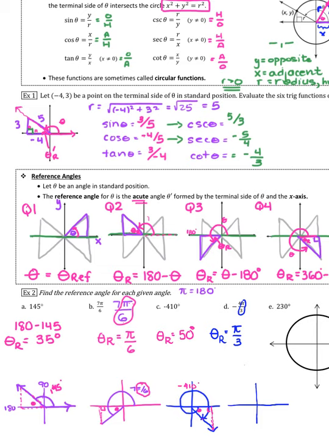So pi over 3, remember 180 over 3 is 60. 60 times 4 is 240. So that means that I went back 240 degrees. I'm going to go back from my positive x-axis. I've gone 180, and we're trying to go back 240 degrees.